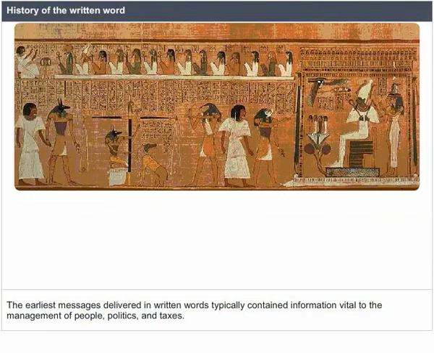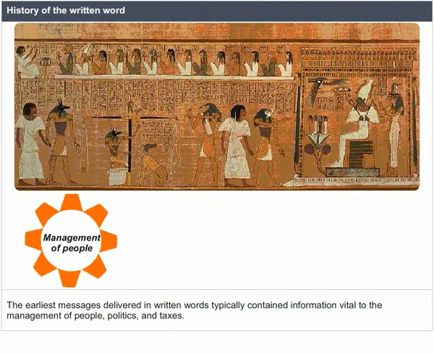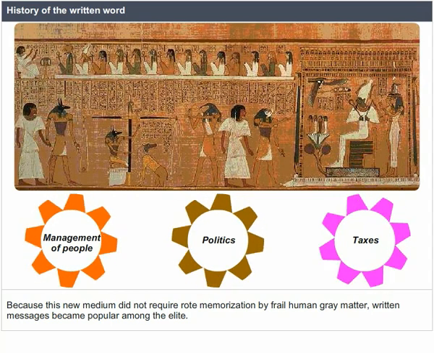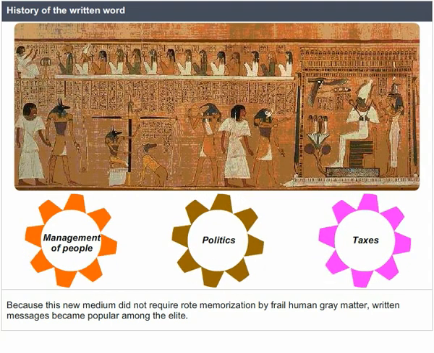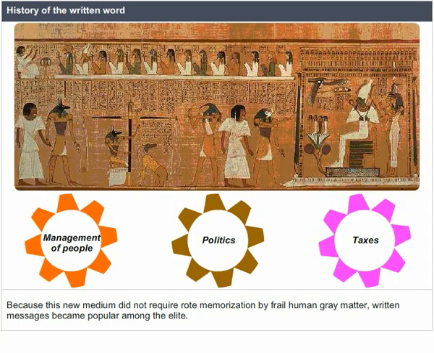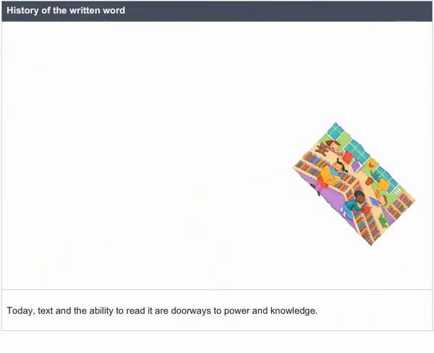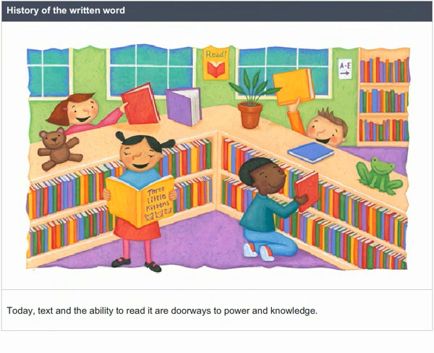The earliest messages delivered in written words typically contained information vital to the management of people, politics, and taxes. Because this new medium did not require rote memorization by frail human gray matter, written messages became popular among the elite. Today, text and the ability to read are doorways to power and knowledge.